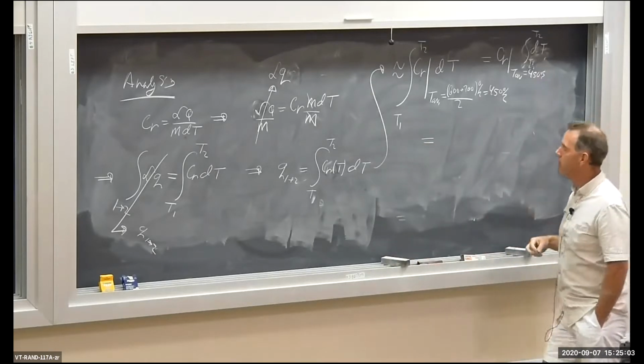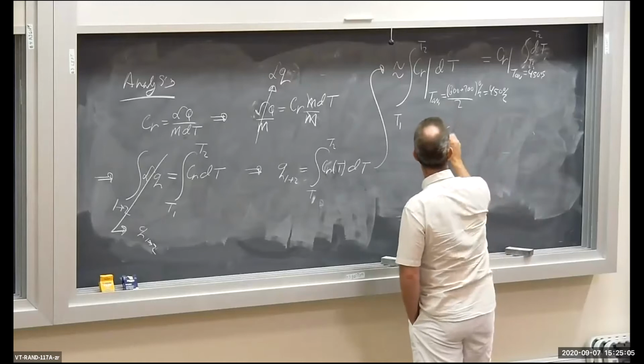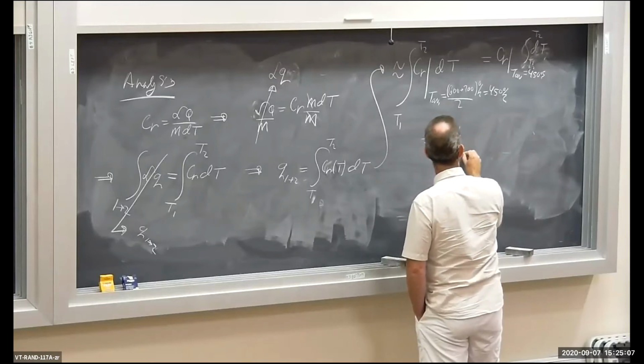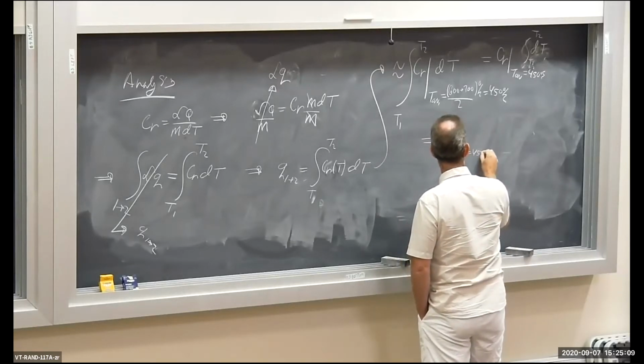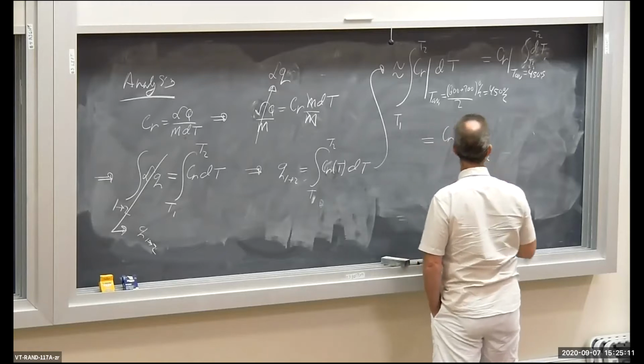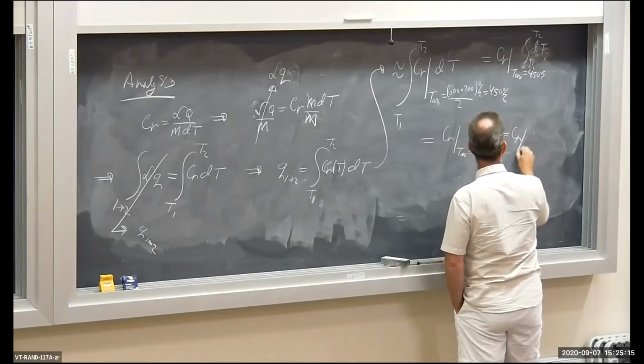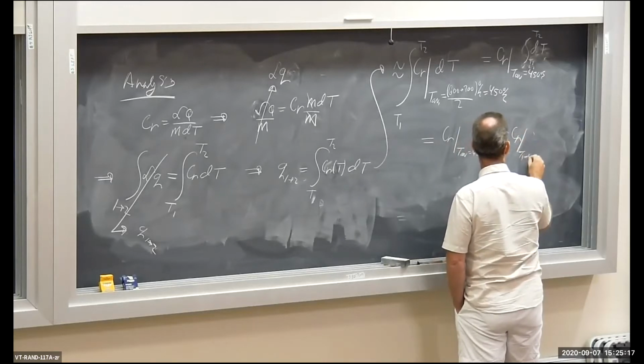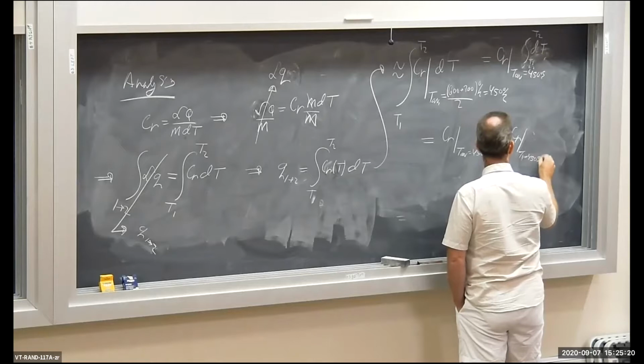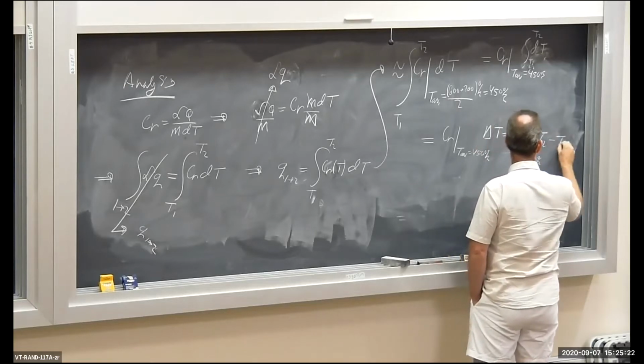The integral of dT from T1 to T2 is delta T. So I get CV evaluated at 450 Kelvin times delta T, or CV at 450 times T2 minus T1.